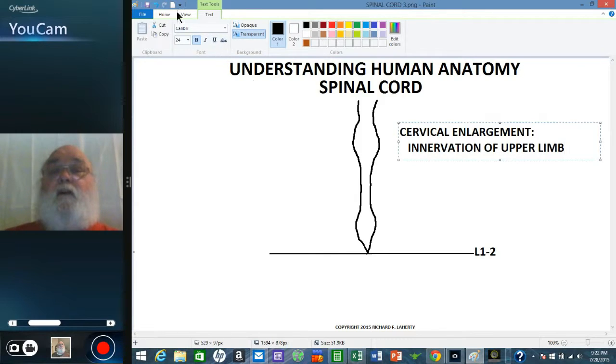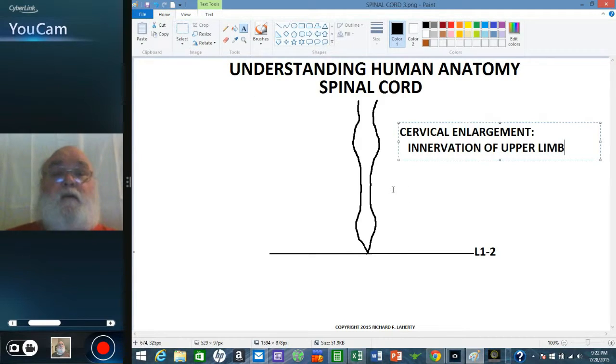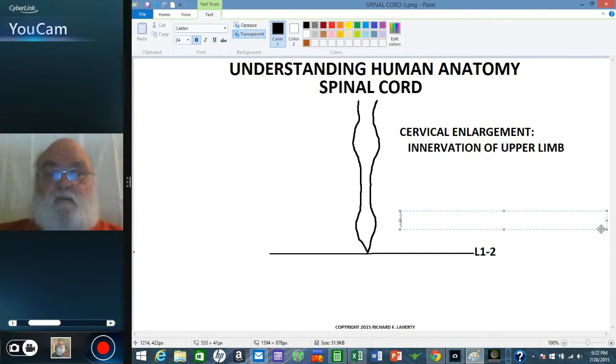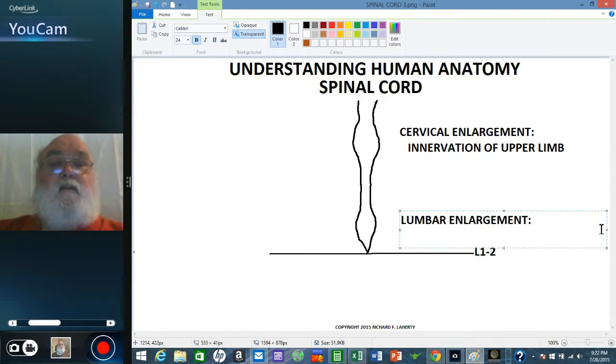Likewise, there's an enlargement down in the lumbar region, the lumbar enlargement, and that is for innervation of the lower limb.